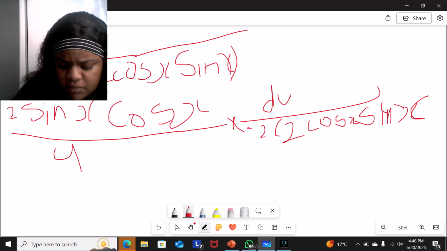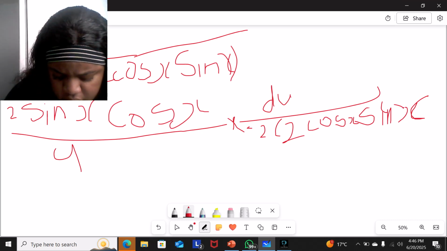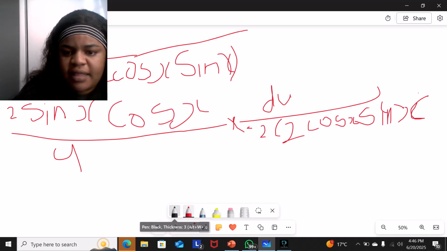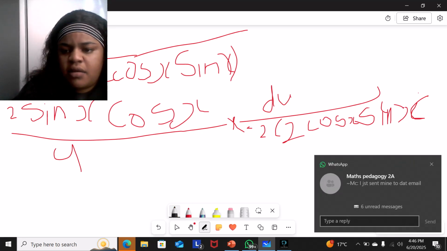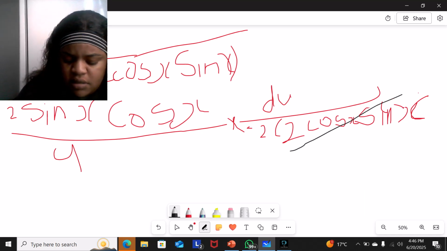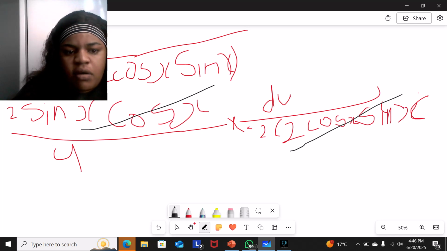Let me use the other color. This one and this one, they cancel. Why?